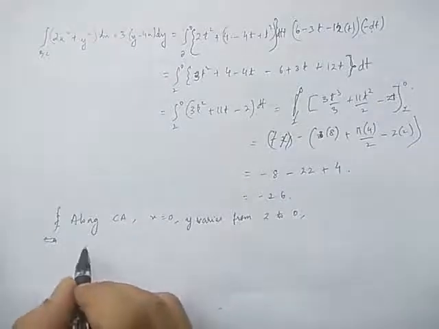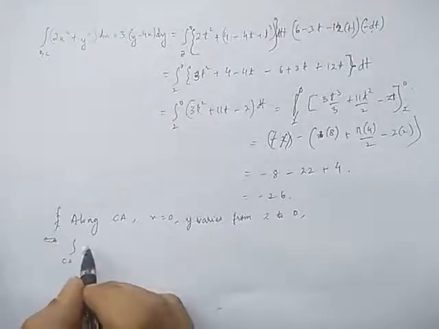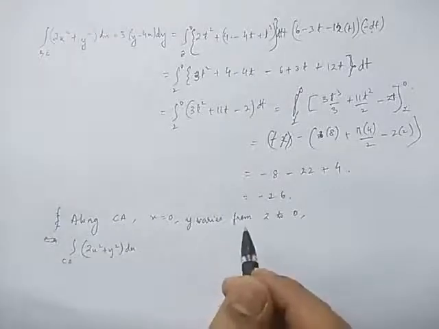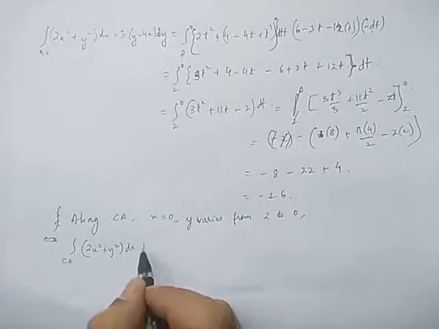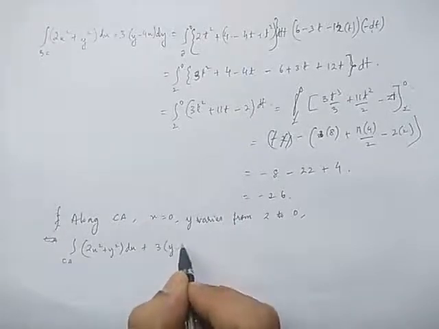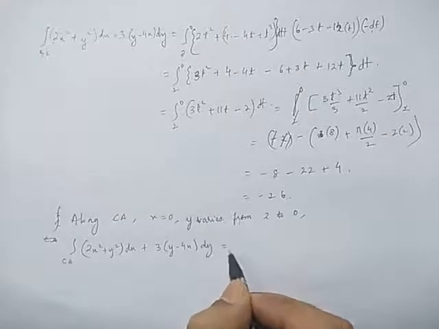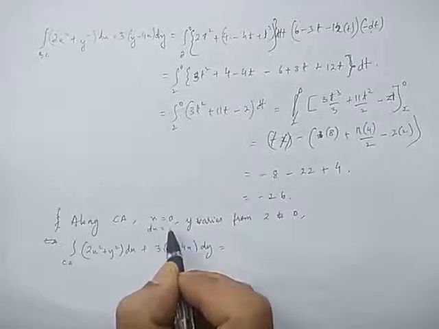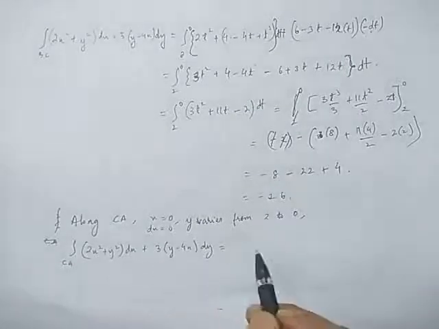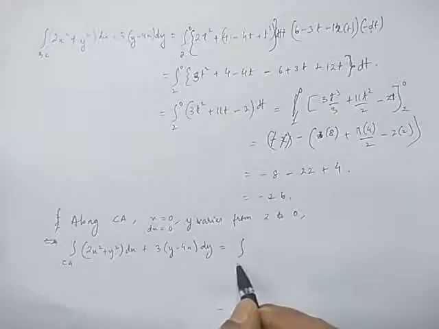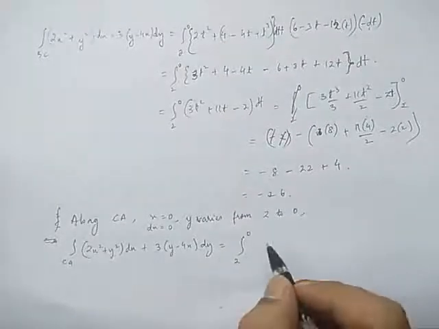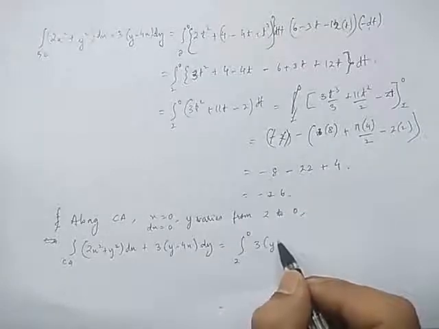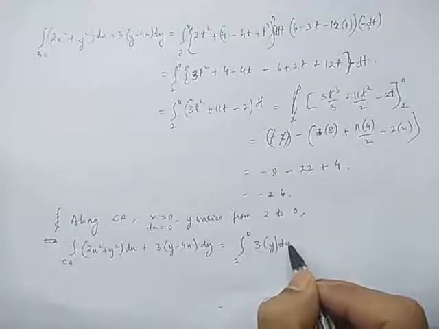So the integration over CA of 2x squared plus y squared dx plus 3 into y minus 4x dy: since x is equal to 0, my dx is going to be equal to 0, so this will be 0. My y varies from 2 to 0, and here I will have 3y dy, as x is 0.